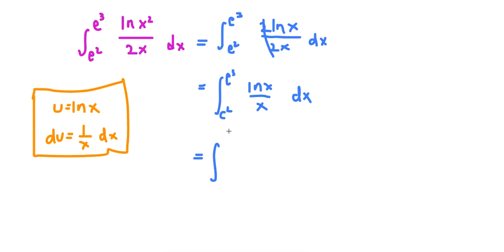Our new lower limit in terms of u is going to be ln of e squared, and then our new upper limit similarly will be ln of e cubed. And rewriting this part here, now ln of x is u, and then 1 over x here, and the dx here just becomes du.